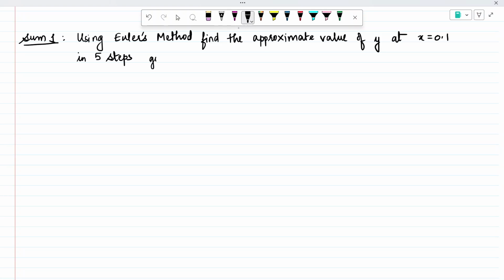Given that dy by dx is equal to (y minus x) divided by (y plus x) and y of 0 is equal to 1. I hope everyone can read the question. It's visible clearly.